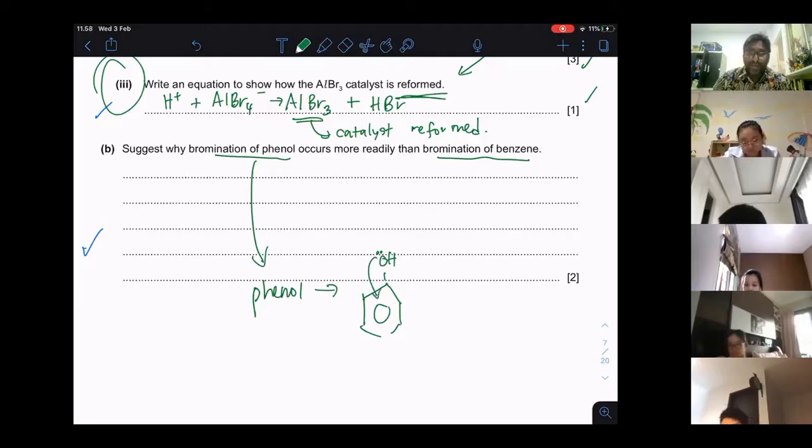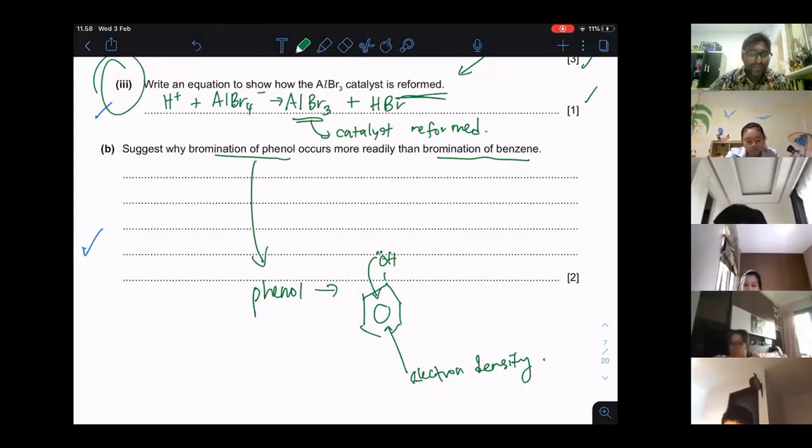Because of that, there will be more electron density in the ring. If there is more electron density, it is more available for bonding with the electrophile. So that's going to be 2 marks.